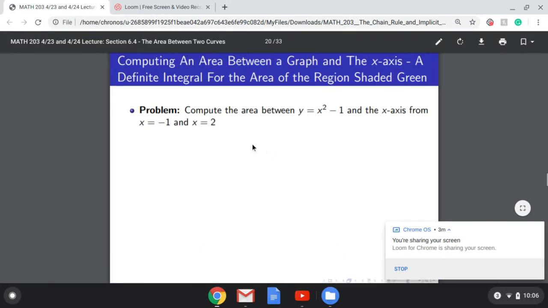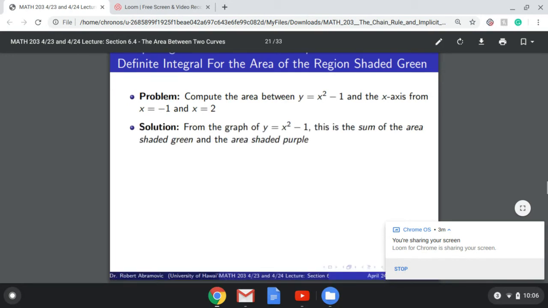Let's compute an area between a graph and the x-axis. We're going to compute a definite integral for the area of the region shaded green. So notice, if we wanted to compute the area between y equal to x squared minus 1 and the x-axis from negative 1 to 2, that's the sum of the area shaded green and the area shaded purple.